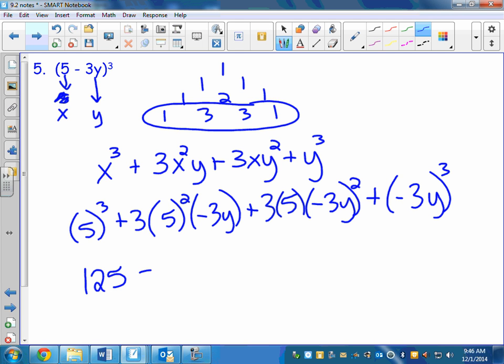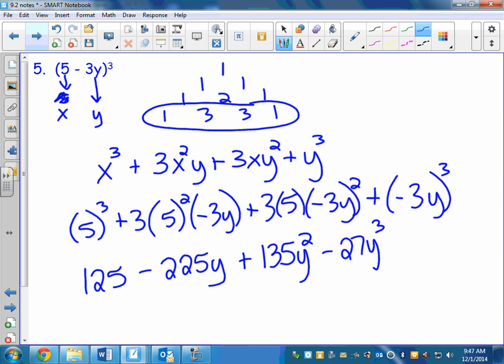Is that true? Don't forget the y. This one is 9 times 3 is 27 times 5. This is a negative 27y to the third.